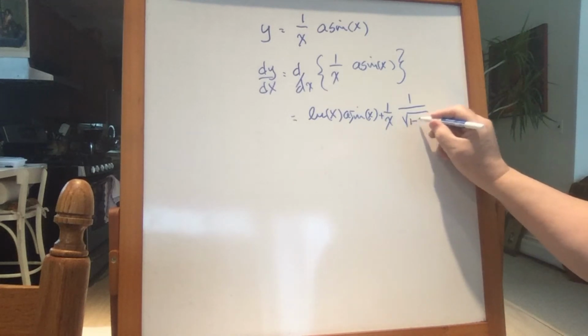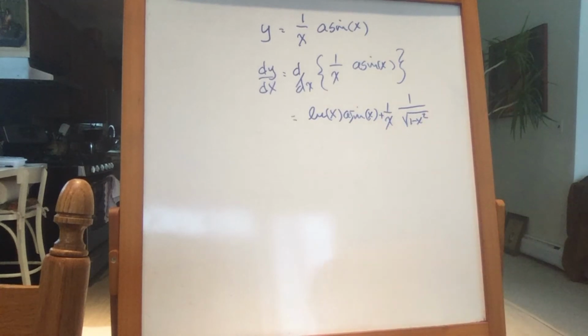I think it was 1 minus x squared. So that would be that derivative. Let me just check and see if I got the right signs. Yeah, that's it.